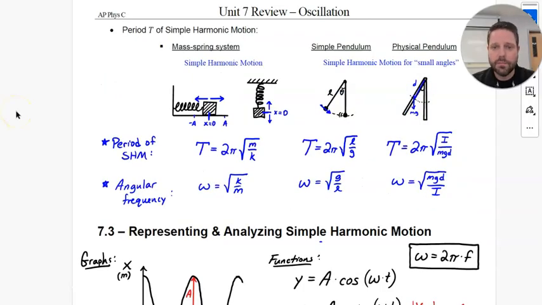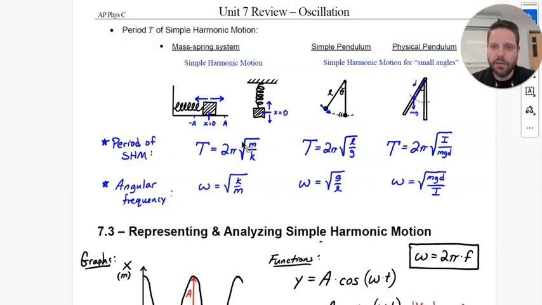The period of different simple harmonic oscillators are going to be used frequently throughout Unit 7 problems. And you can see that these equations are the equations for the three different simple harmonic oscillators that are common in APC. So one would be for a spring, doesn't matter if it's horizontal or vertical. This is the period of a spring. It should be also of note that we're going to derive these in 7.5.